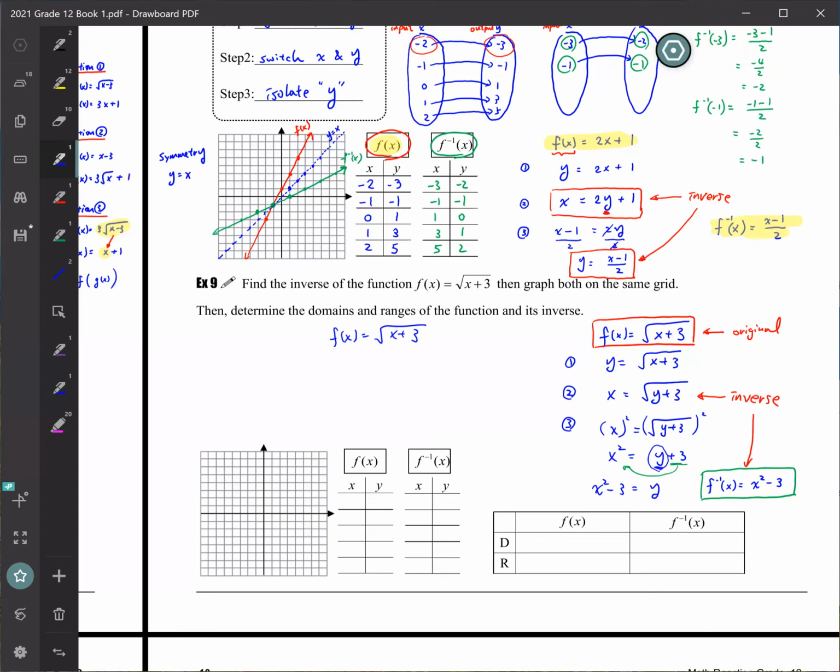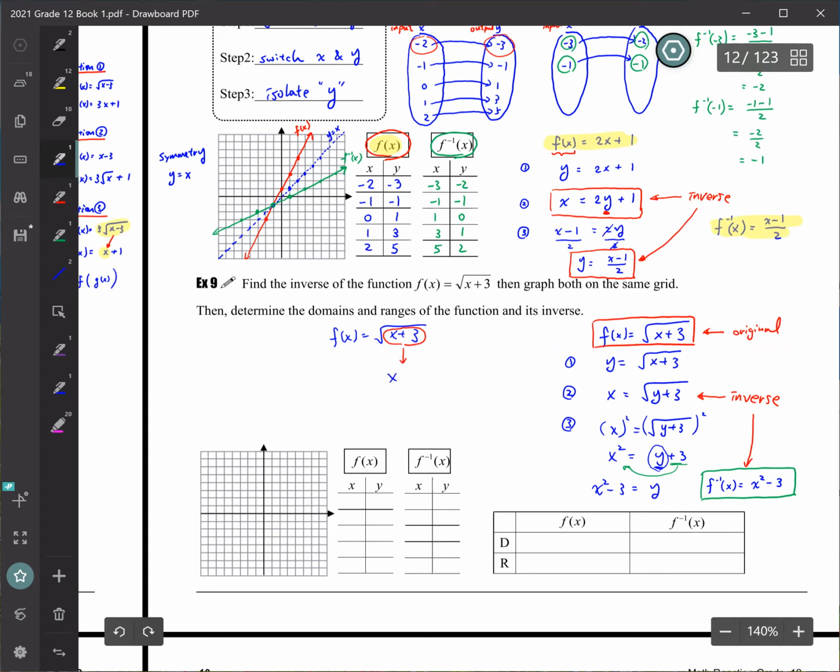Which part, just the x? For this one it will be x plus 3. In general, it will be everything inside the square root has to be greater than or equal to 0. Everyone needs to memorize that. Very important.